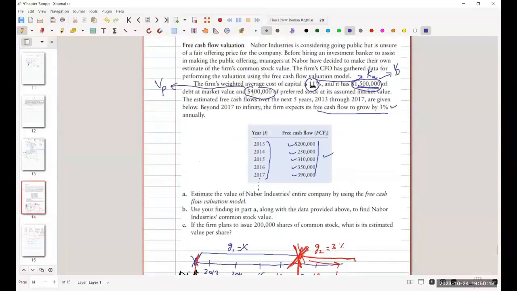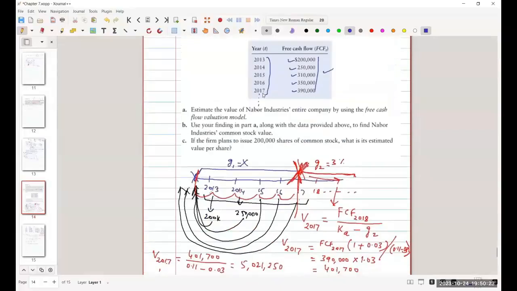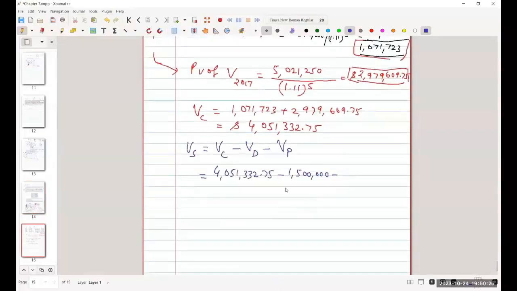It was this $400,000 here. So let's put that in here, 400,000. And carrying out this calculation will give us a VS, the total value for the stockholders, $2,149,331. So this is for all the stockholders.